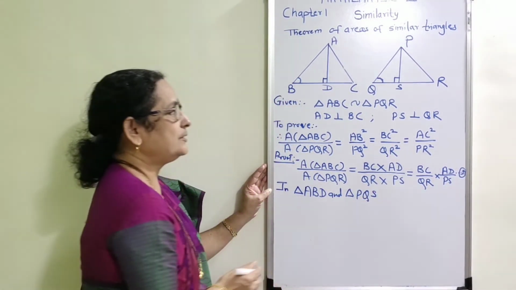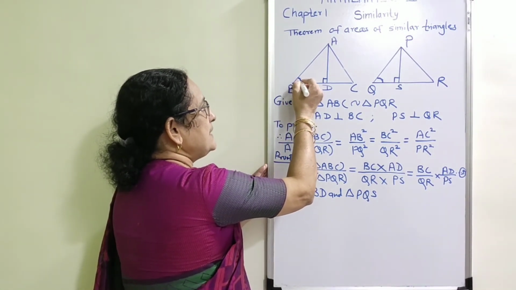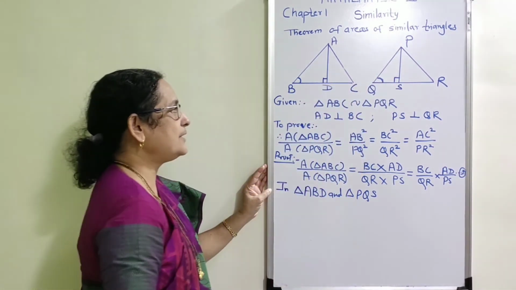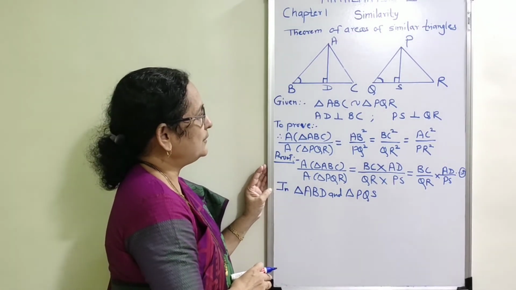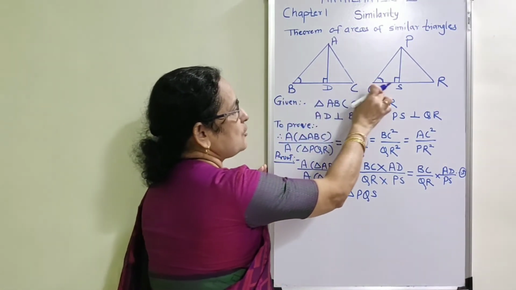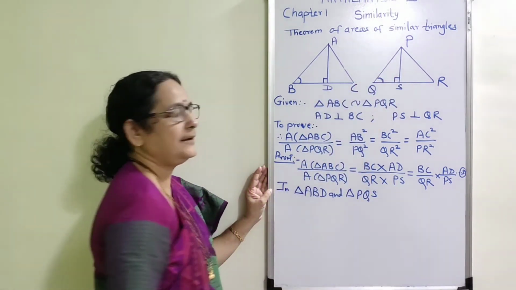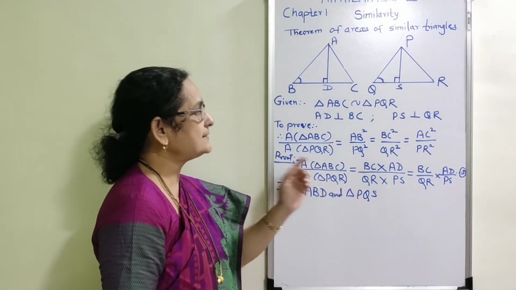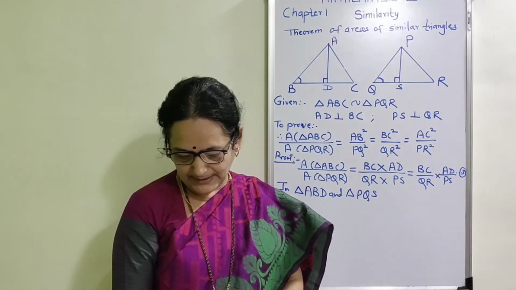Since the bigger triangles are similar to each other, their corresponding angles are also congruent to each other. Therefore, angle B is congruent to angle Q. Also, angle D and angle S are each 90 degrees, and therefore these two triangles are similar to each other by a test of similarity.